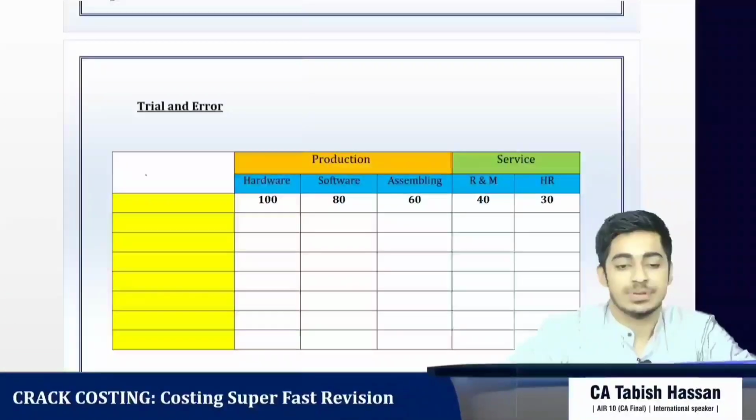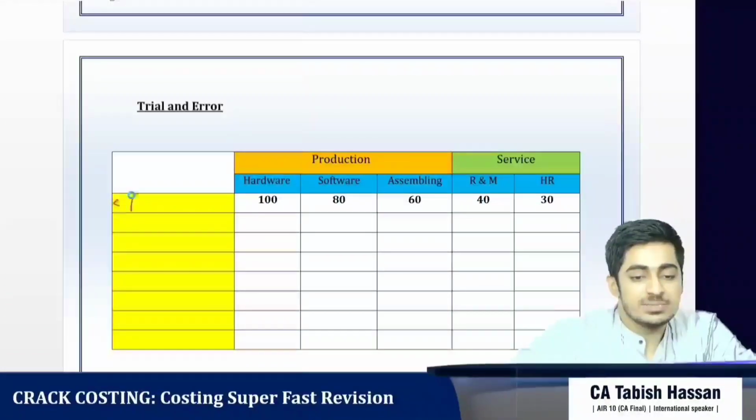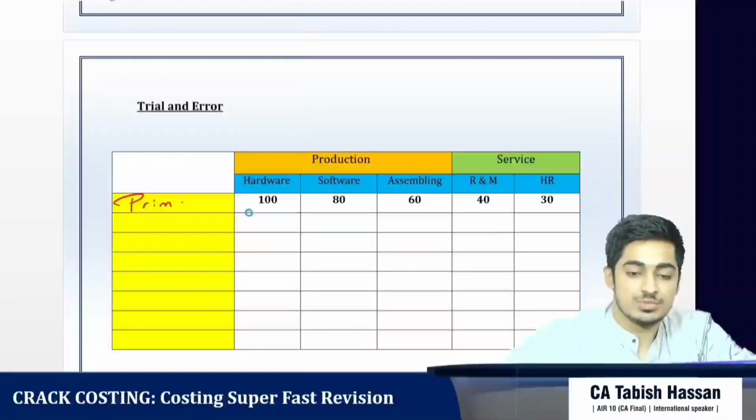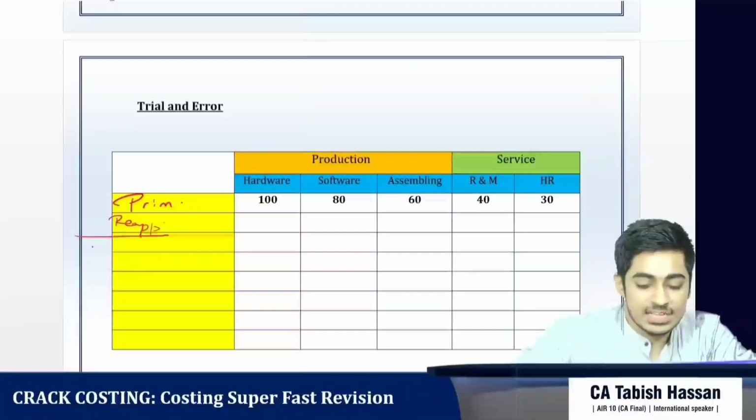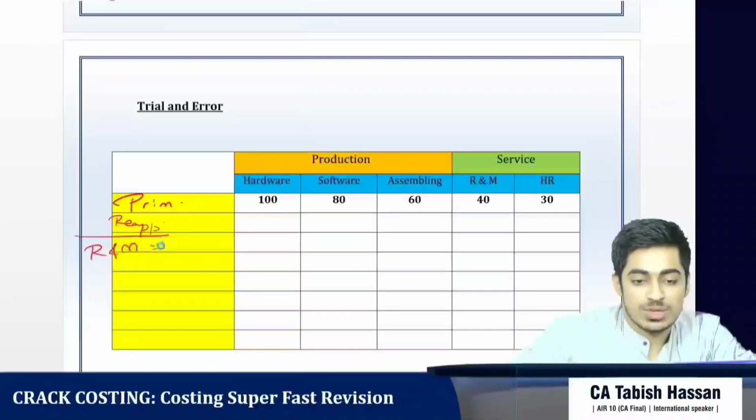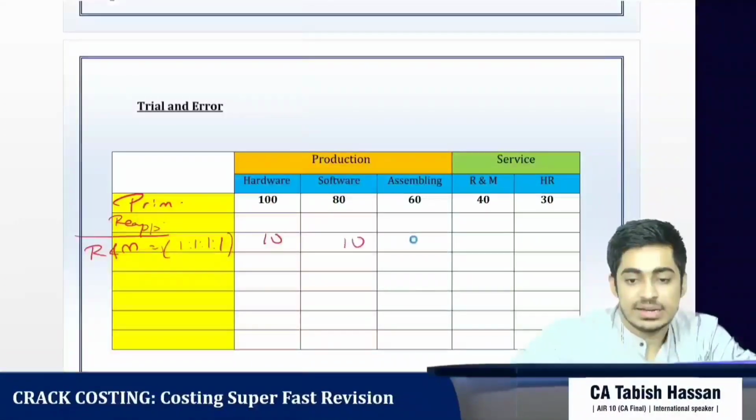How does it happen? See, this is the primary distribution of overheads. I've kept it the same. Now we'll do the reapportionment. First, I'll reapportion the cost of repairs and maintenance. Assuming I'll do it in 1:1:1:1:1, so 40, I'll do it as 10, 10, 10, 10.